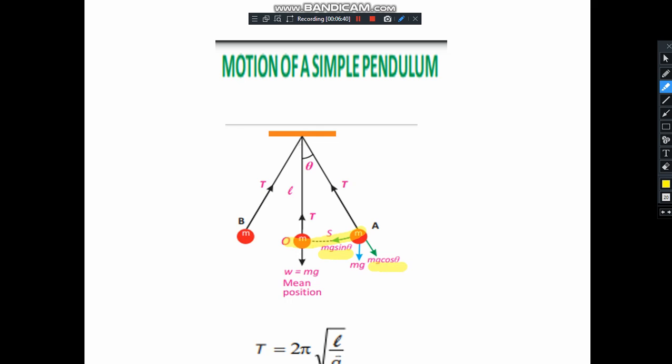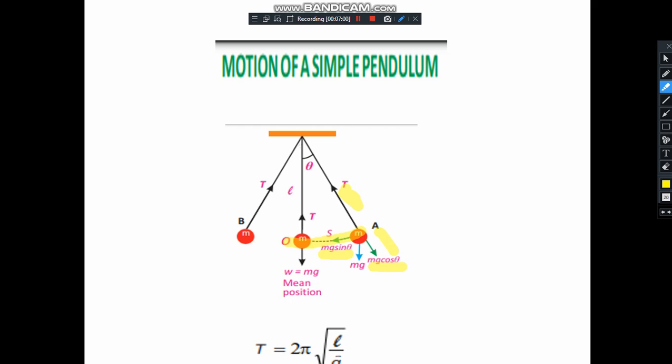Mg cos theta is cancelled by the tension in the string, and mg sin theta causes the motion of the ball towards the mean position and again to the B position.